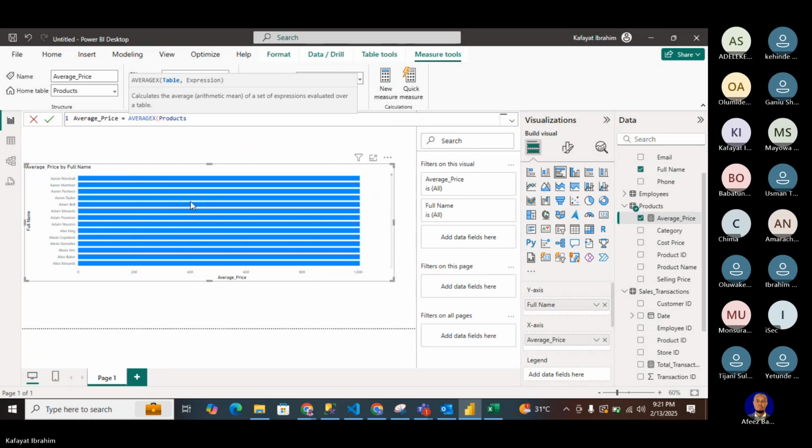Product, comma, expression, which is selling price.